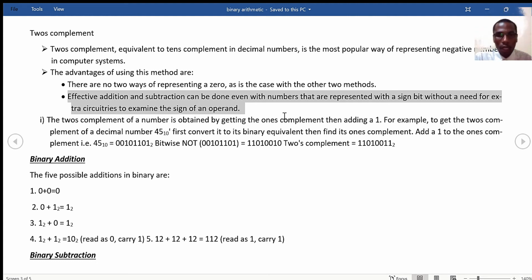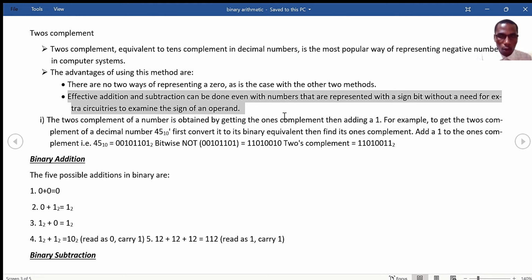You just go on and carry out the operation of addition and subtraction. But above there, you have to make sure you know the sign of the number you are dealing with when it comes to subtraction and addition.